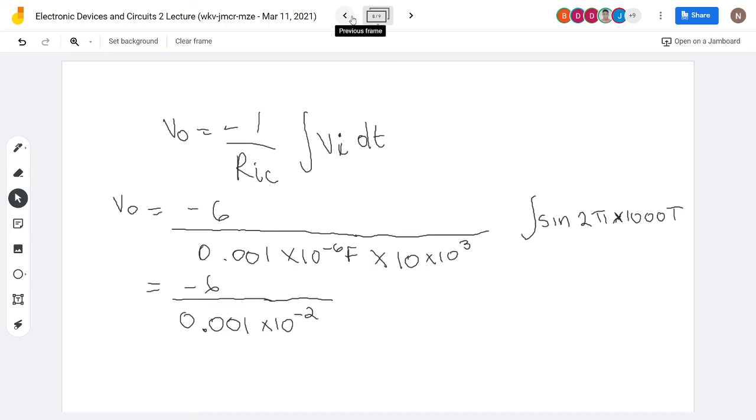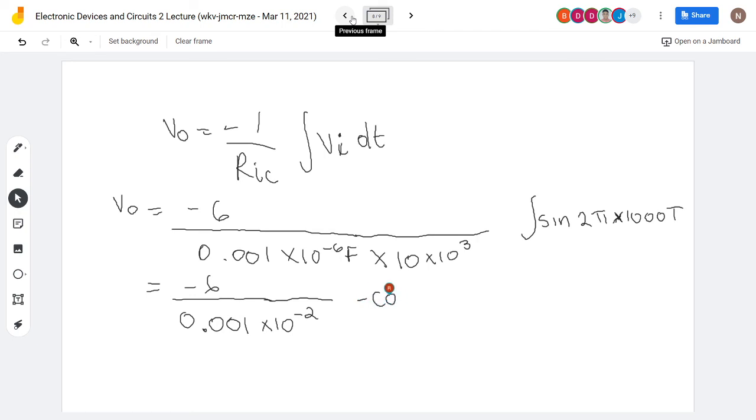So know that when we integrate a sine function, we get a minus cos function, right? True?